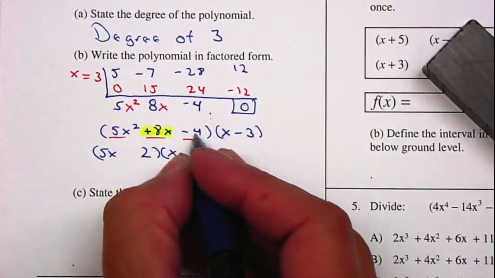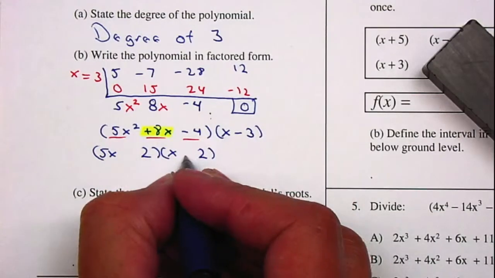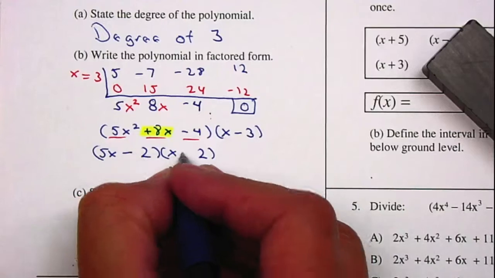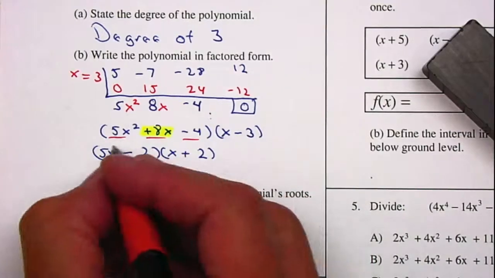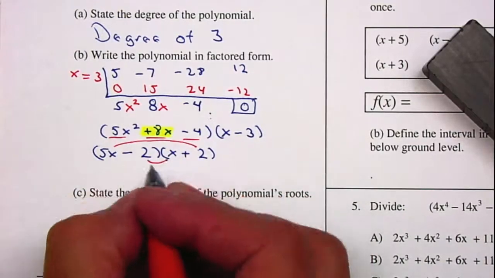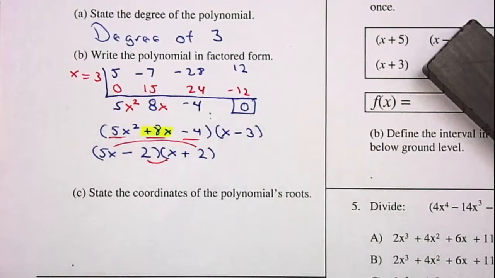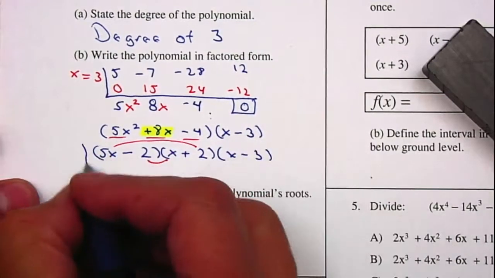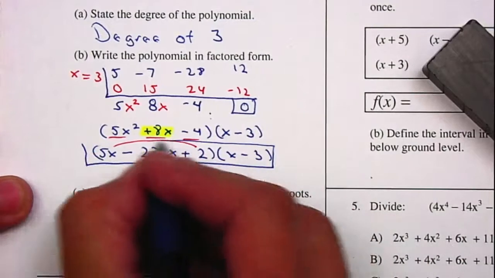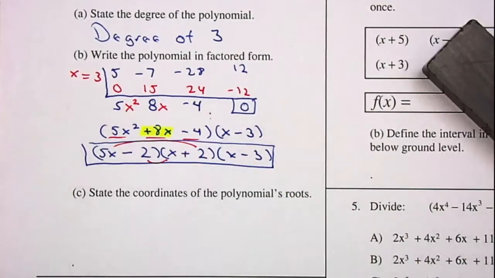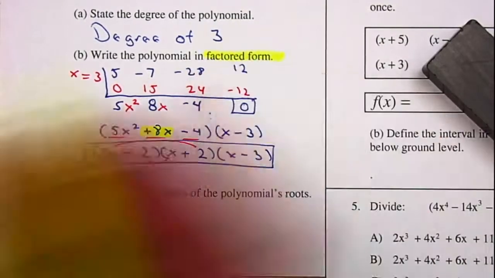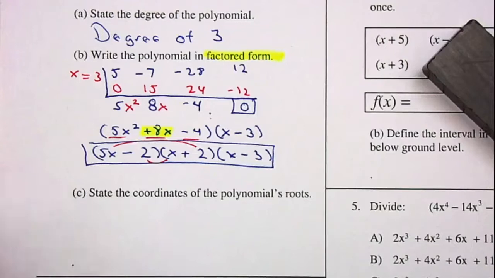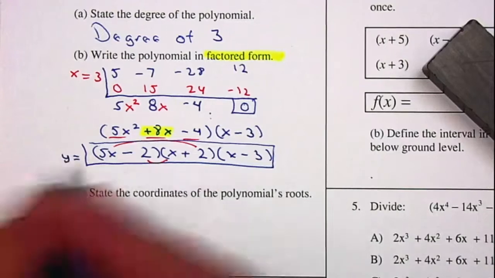One of them should be negative, the other one should be positive. I'm going to make that a negative and that's a positive. Because that will give me a positive 10 minus 2, which gives me the positive 8. And I'm still going to bring my x minus 3. This is fully factored. So therefore that is in factor form, and we have y is equal to.